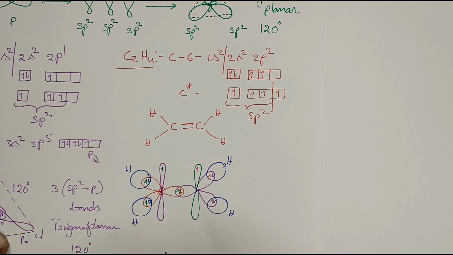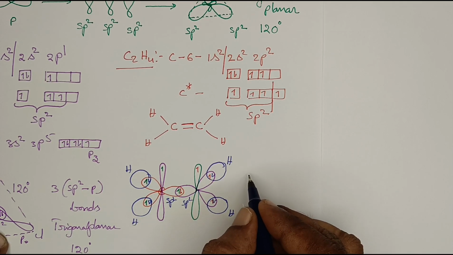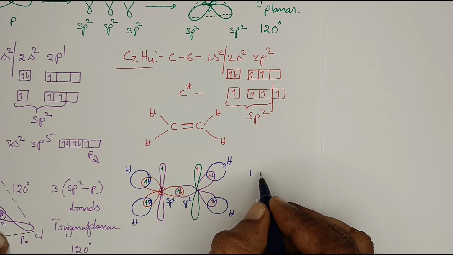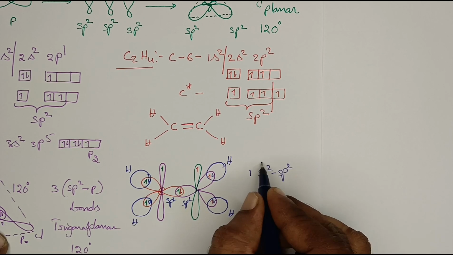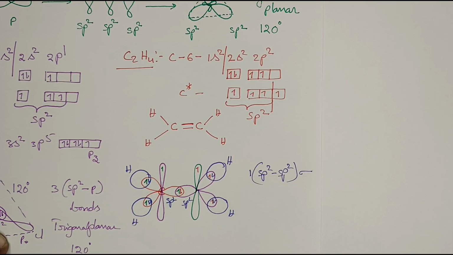Initially, this one is sp2 and this is also sp2, so an sp2-sp2 sigma bond will be formed.